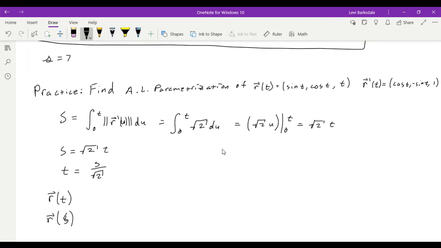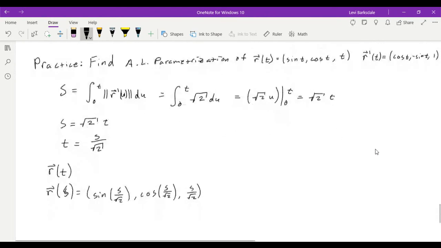So we say that r of s is equal to cosine of s over root 2. Oh, sorry, that should be the sine. Mixing up my first and second derivatives here. The sine of s over root 2, comma, cosine s over root 2, comma, s over root 2.